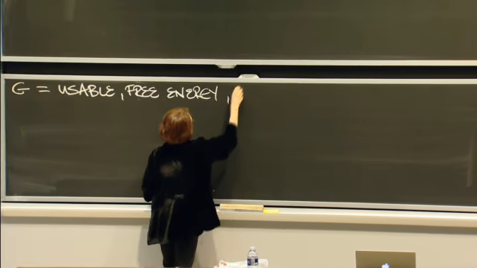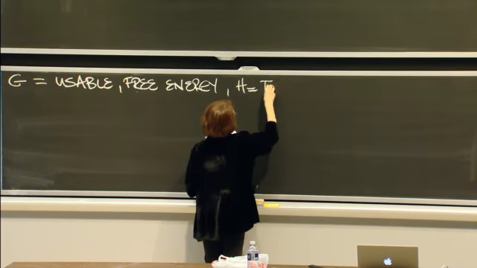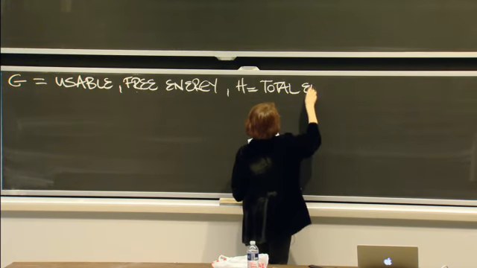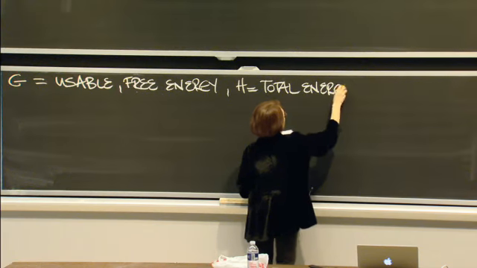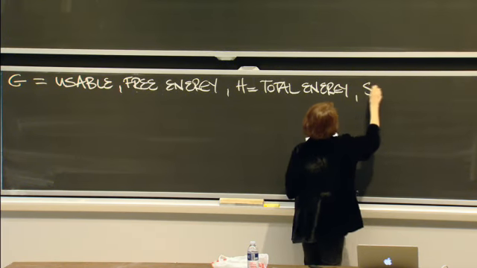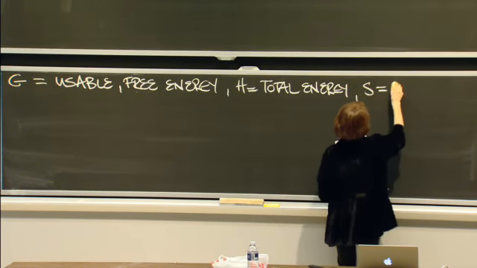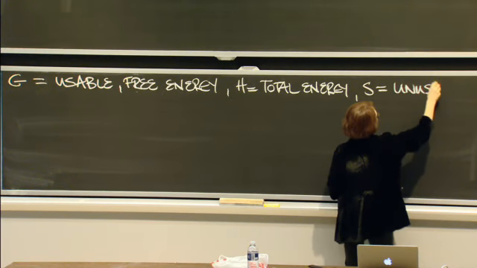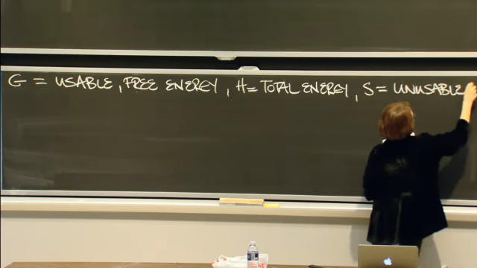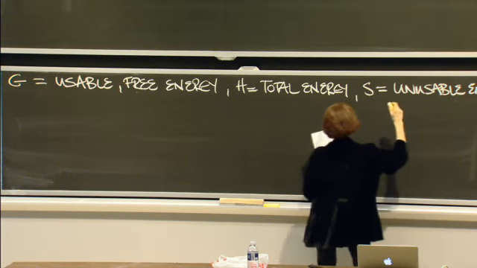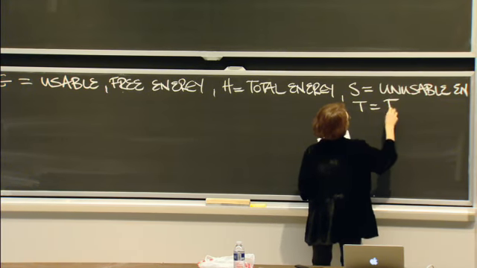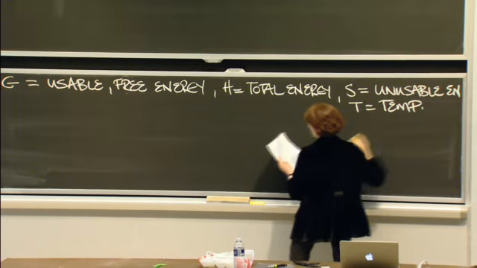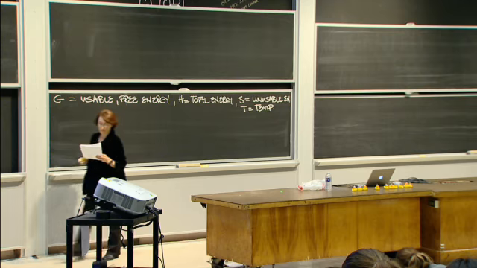The other term you need is H, which is the total energy, or enthalpy. Entropy, S, the unusable energy. And you also need T, which is the temperature in absolute degrees Kelvin.